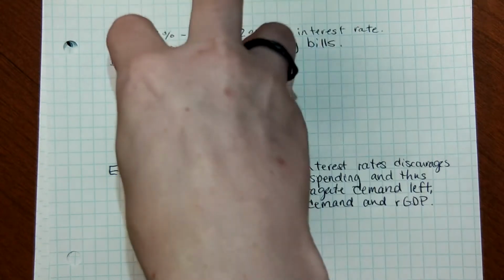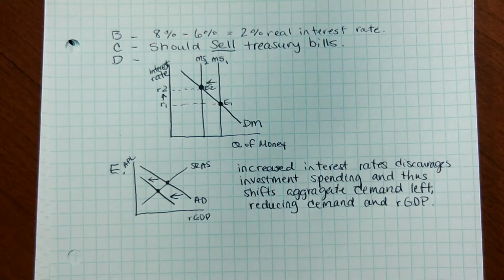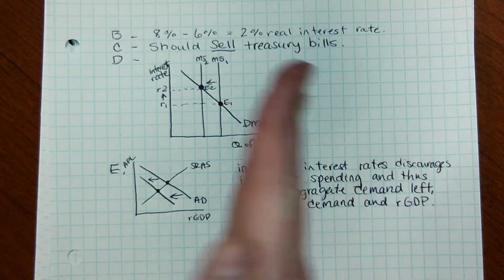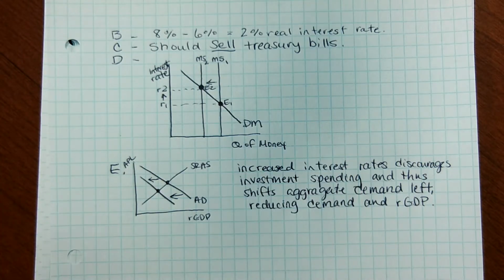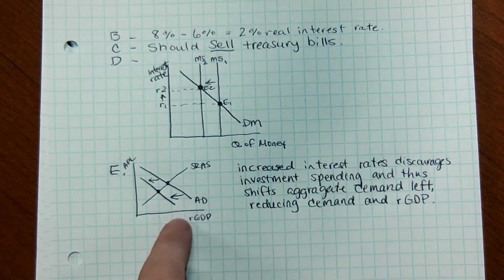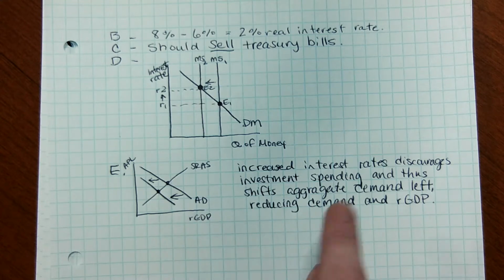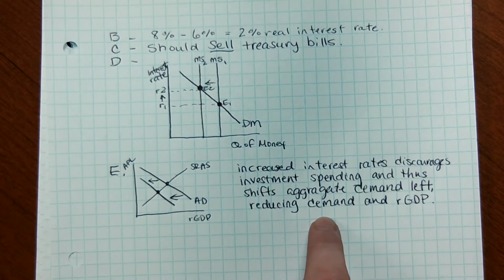So I have a proper model labeled, and then I've gone in and shown that shift. I've satisfied D. And then finally for E, I've even double checked myself and written, it wasn't required, but I wanted to make sure I took a look. I've explained exactly why it shifted to the left. So I should have all the points here.